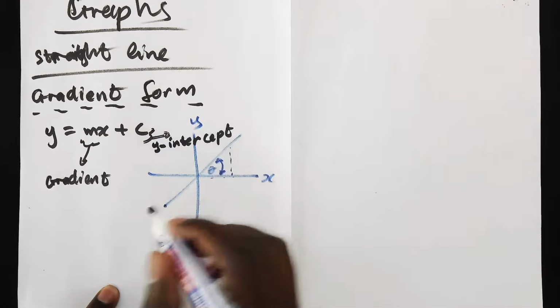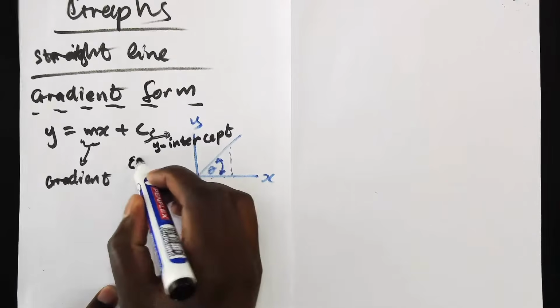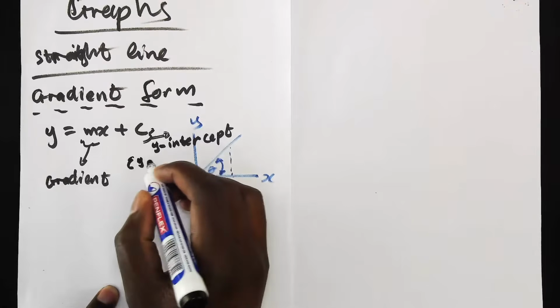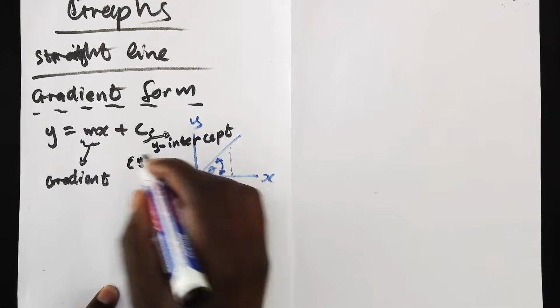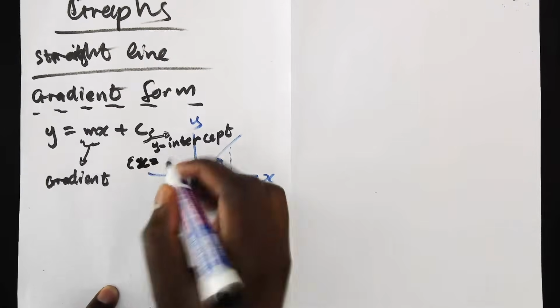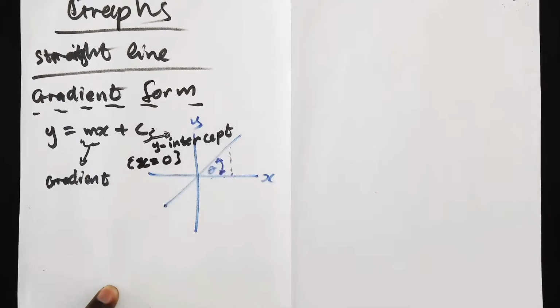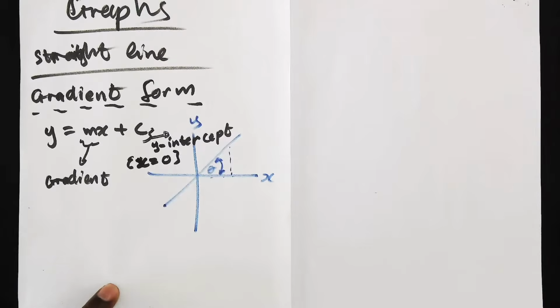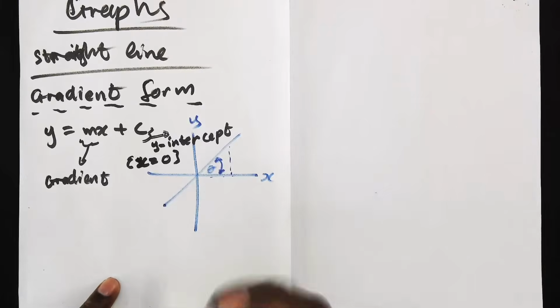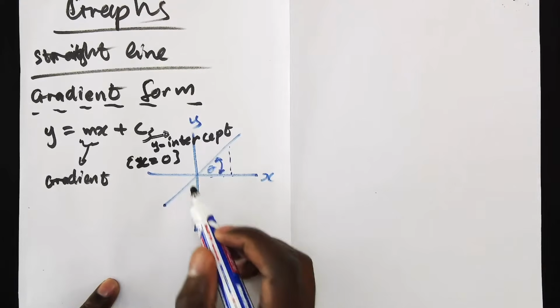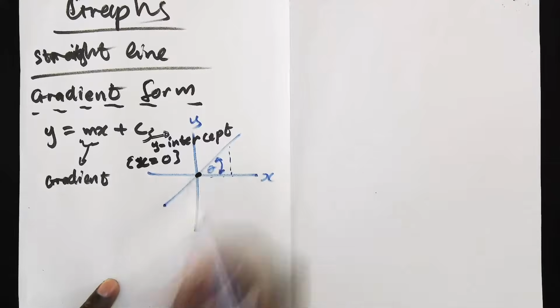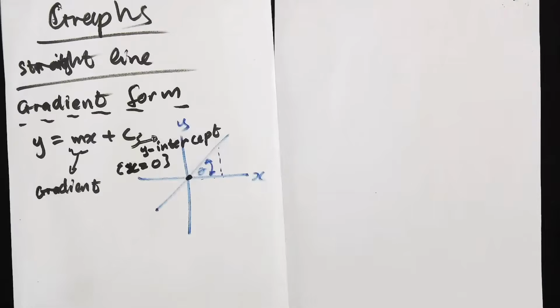And that y-intercept c is where x is equal to 0. So let's say for an example we want to look for where x equals 0. This line bisects through the point 0 there, so that will be the y-intercept.